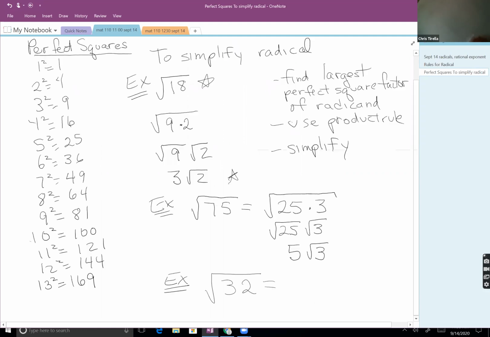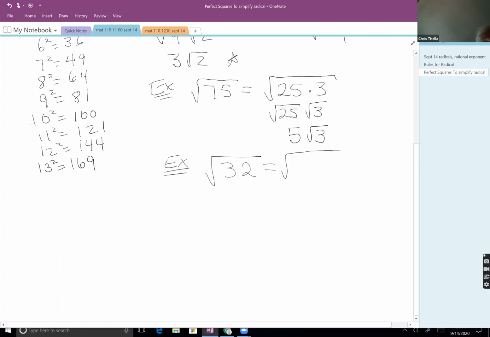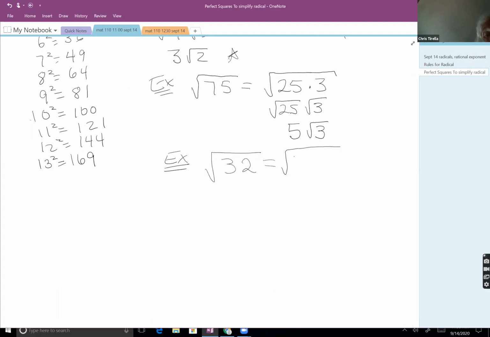From the right-hand side of this column, which is the largest of these numbers that goes into 32 evenly? If you can't find the largest, can anybody think of any perfect square that goes into 32 evenly?